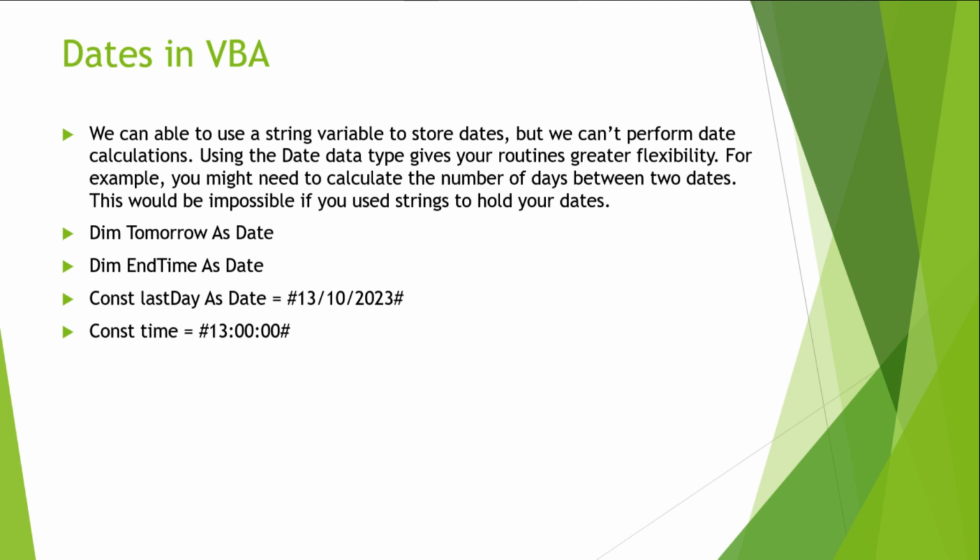Dates in VBA. We can use a string variable to store dates, but we can't perform date calculations. Using the Date data type gives your routines greater flexibility. For example, you might need to calculate the number of days between two dates. This would be impossible if you used strings to hold your dates.